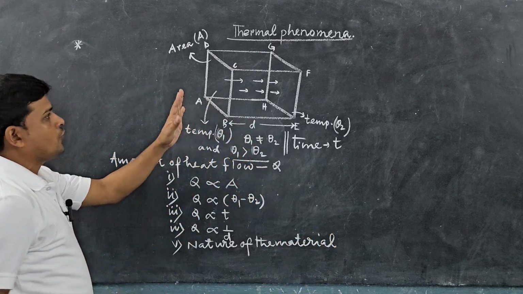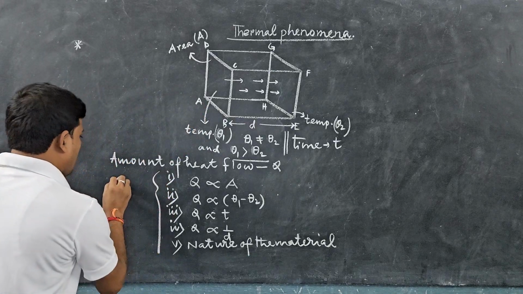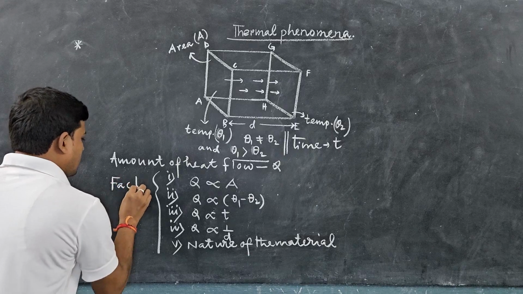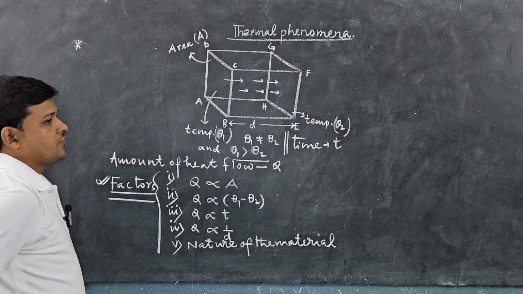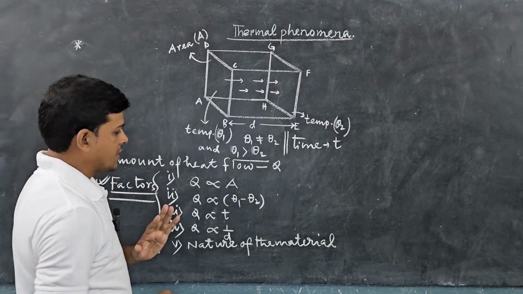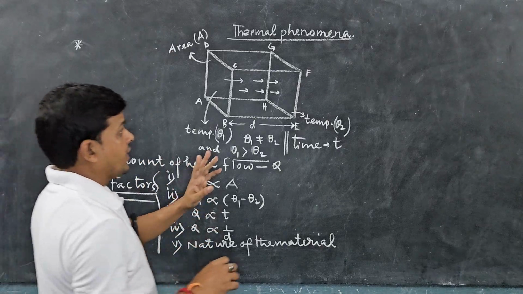This is the rectilinear flow of heat through the solid, and these are the factors on which the amount of heat flow through the solid from one surface to the other depends. Mathematically, we can write these 4 factors very easily.